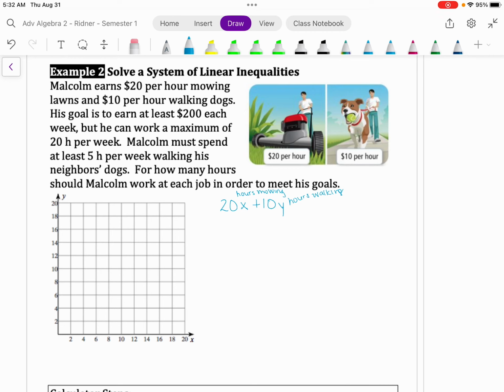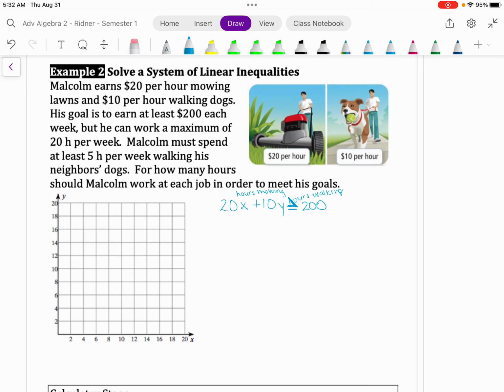So hopefully that makes sense, like if he worked 3 hours mowing and he's making $20 an hour, that would be $60, right? And then he would add to that how much it took for him to walk a dog. And he must earn at least $200, so it's going to be greater than or equal to 200. So that's where the inequality comes in as opposed to the equal sign. I don't know why I had such a hard time. It is only 5:30 in the morning.